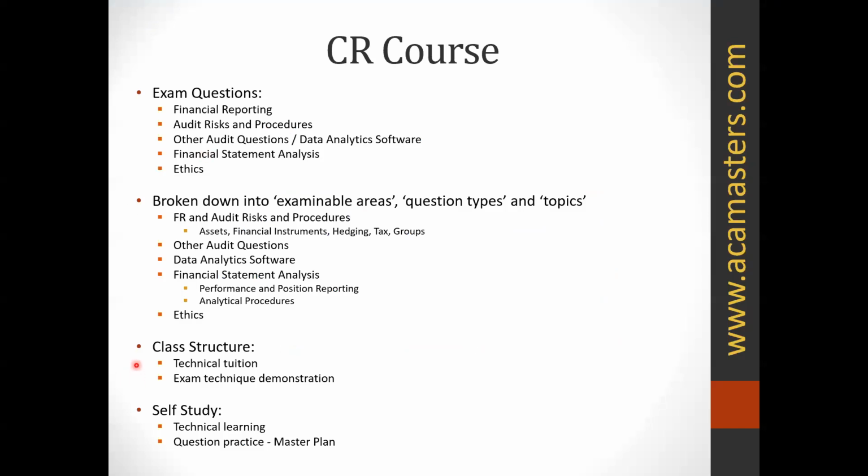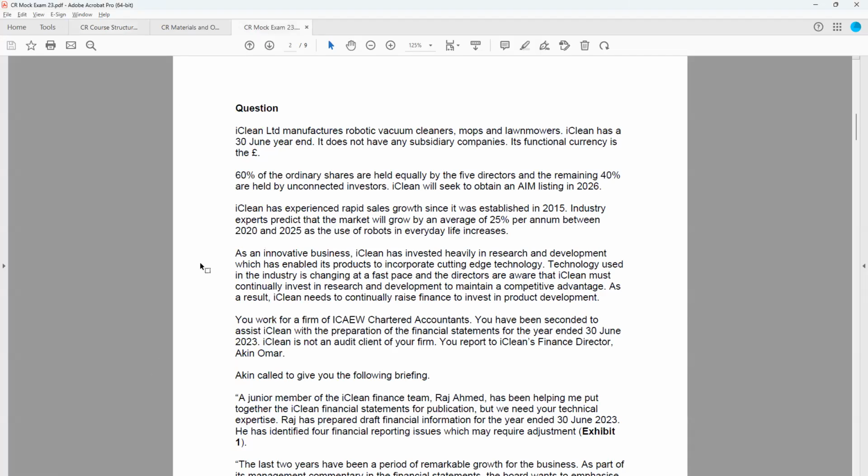So as soon as I've taught the technical content, I will immediately demonstrate how to apply that in an exam context by working through recent exam questions. Not only does this allow me to demonstrate how to apply that content to practical scenarios, it enables me to teach you the optimal exam technique to use in the CR exam for each question type.